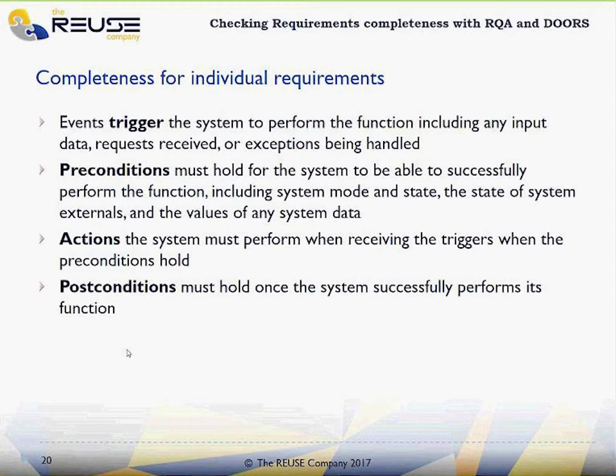Sometimes we need this action to be performed when a specific trigger is found in our system, but only when some specific preconditions are found. And of course, most of the time when we perform one of these actions, the system comes into a new condition that has to be stated in our requirements.